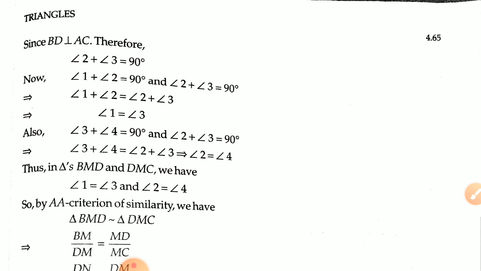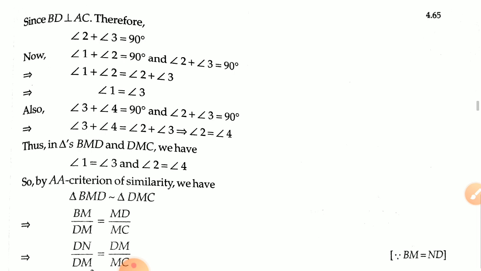Also, we can write angle 3 plus angle 4 is equal to 90. Similarly, angle 2 plus angle 3 is equal to 90. Both the RHS are equal, therefore the LHS must be equal: angle 3 plus angle 4 is equal to angle 2 plus angle 3. Again angle 3 will get cancelled. We get angle 2 equal to angle 4, or angle 4 equal to angle 2.